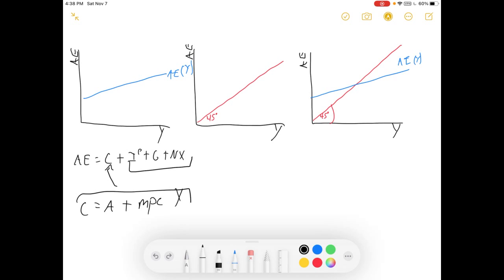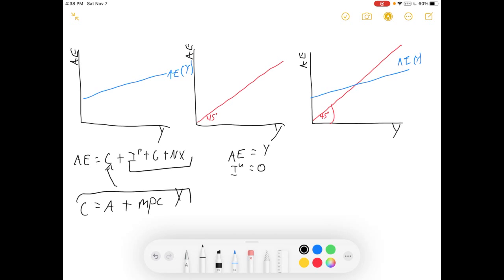Now, let's go to this middle graph. All it is is a 45-degree line. In my last video, I told you that in equilibrium, aggregate expenditure is going to equal GDP. In other words, unplanned investment will equal 0, and aggregate expenditure will equal GDP.